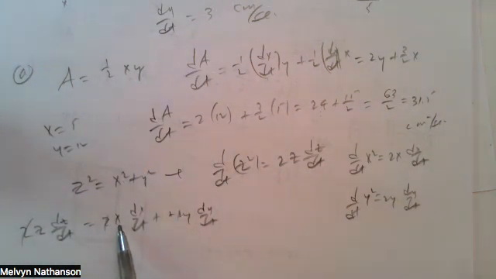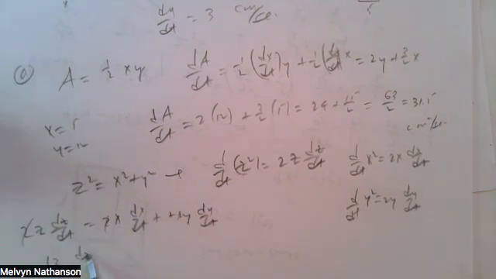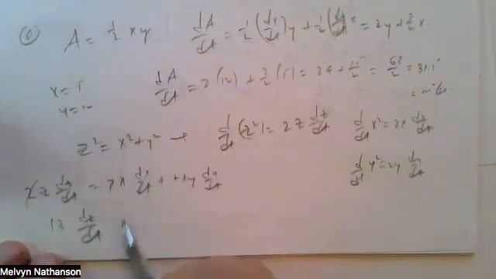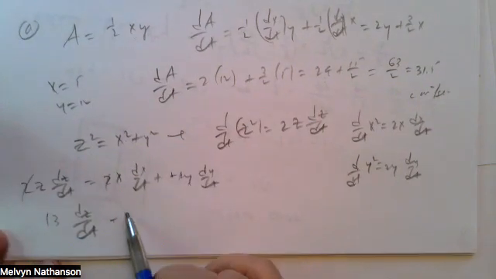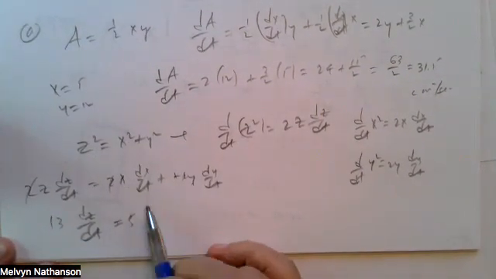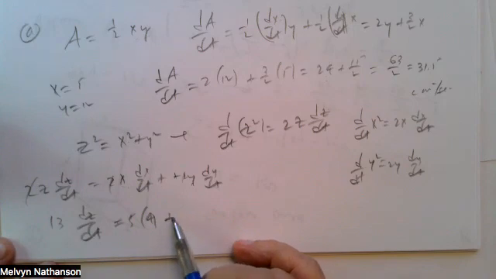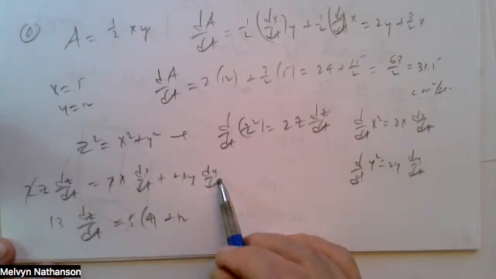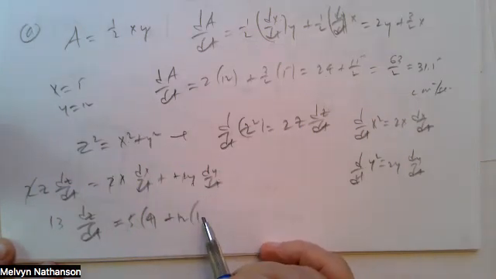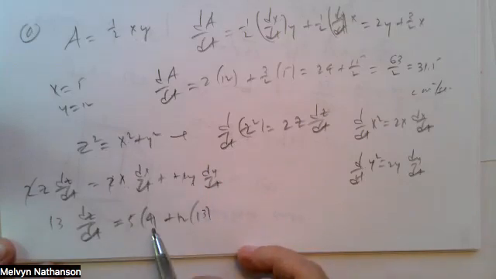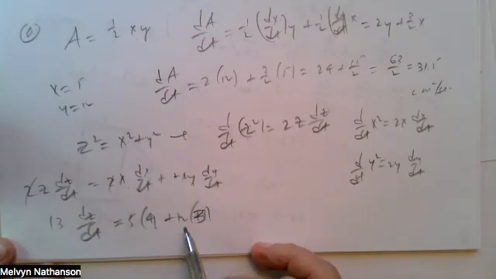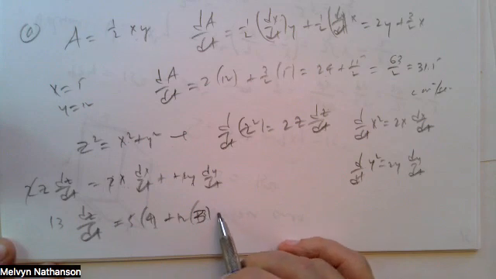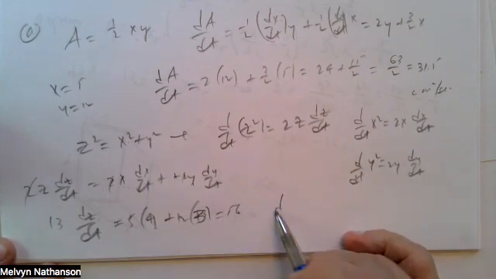And when x is 5 and y is 12, z is 13. So 13 dz/dt is equal to x, that's 5, times dx/dt, which we're told is 4, plus y, which is 12, times dy/dt, which we're told is 3. So this is 20 plus 36, which is 56.